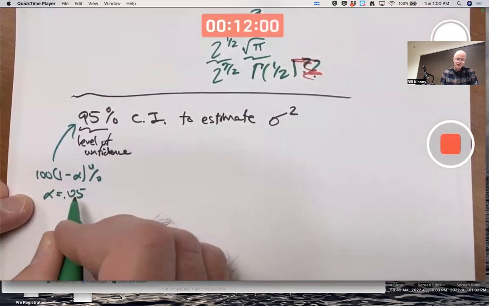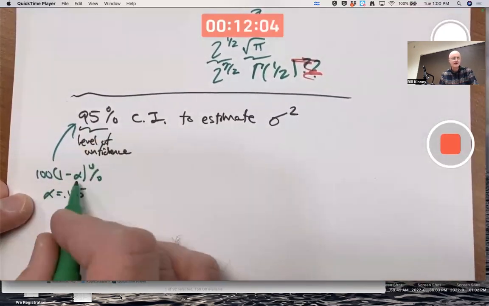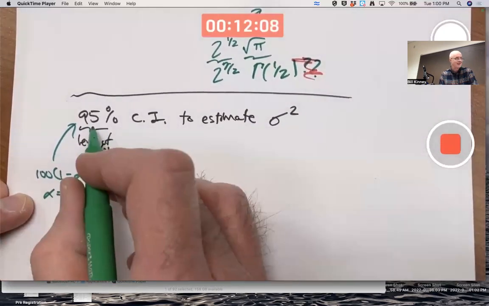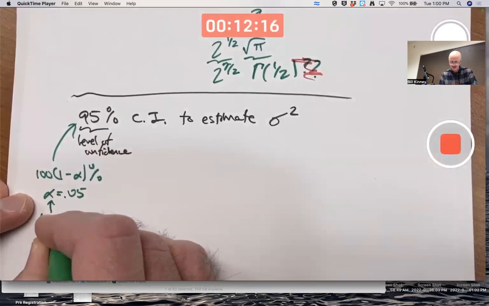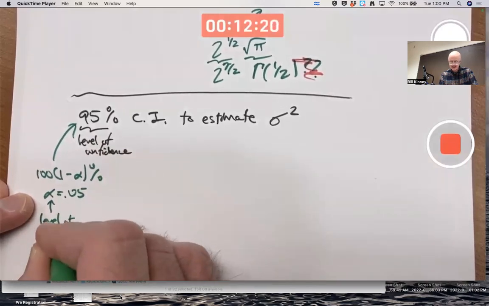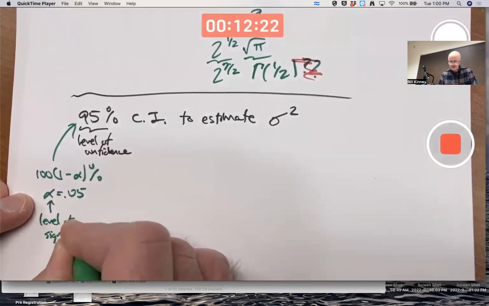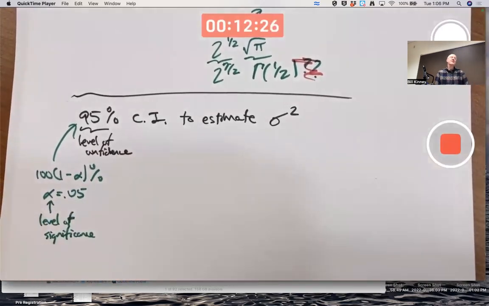Alpha is a way to describe the confidence level via this formula. That 100 times 1 minus alpha is whatever that number is. Alpha is called the level of significance. So we have a level of confidence and we have a level of significance. That only takes its full meaning for us on Thursday when we talk about hypothesis testing.